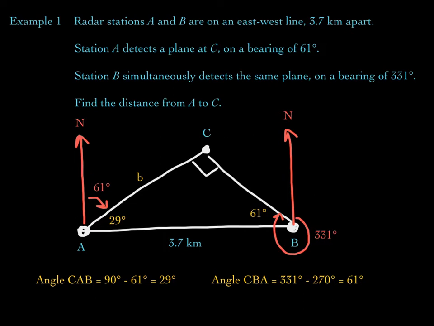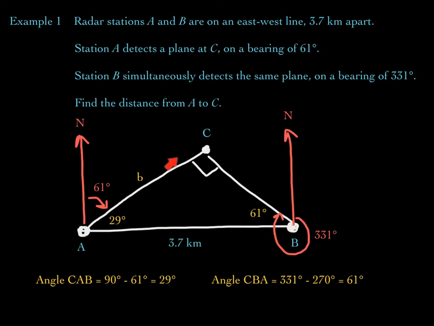Now that we have a right triangle, I can use a trig function to find my unknown. So I am going to use this angle here. I could use this one here, 61 degrees, if I wanted to. So I'm just choosing this angle here, 29 degrees. Notice that this side length here is the hypotenuse of our right triangle.